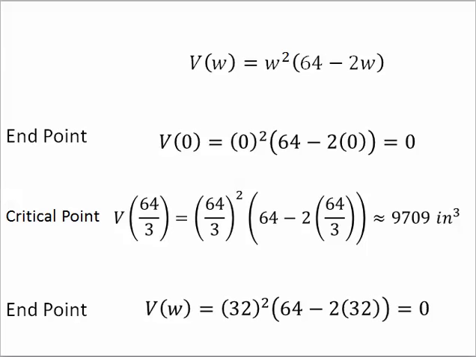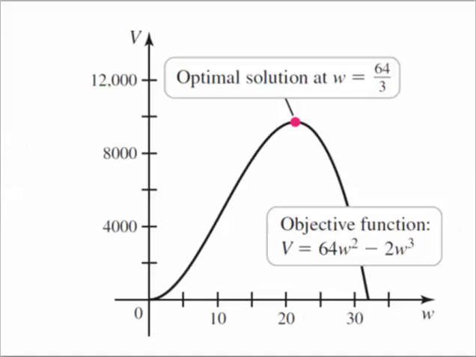Then remember what we do. We're on a closed interval, so all we need to do is check the endpoints and the critical points. You can see that our maximum occurs when w is equal to 64/3. You can also see that when w equals 64/3, I get a volume of 9,709 cubic inches. And here's a nice little picture.